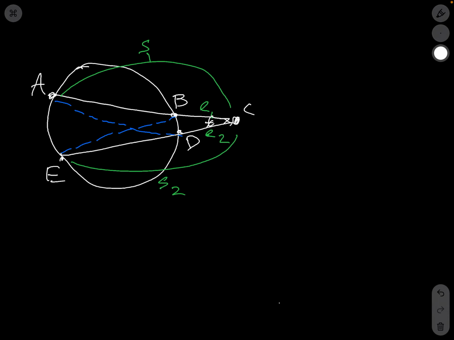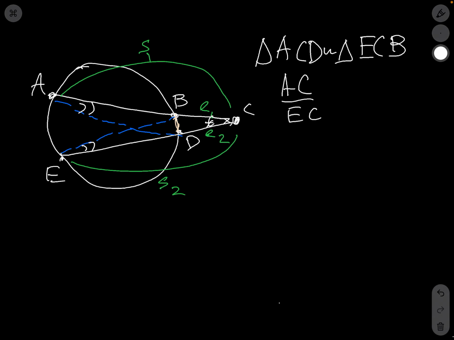So since we have one angle now, that we know angle C is reflexive, and we know that angle A and angle E are also congruent because they intercept the same arc. So now we can conclude by the AA theorem that triangle ACD is similar to triangle ECB.